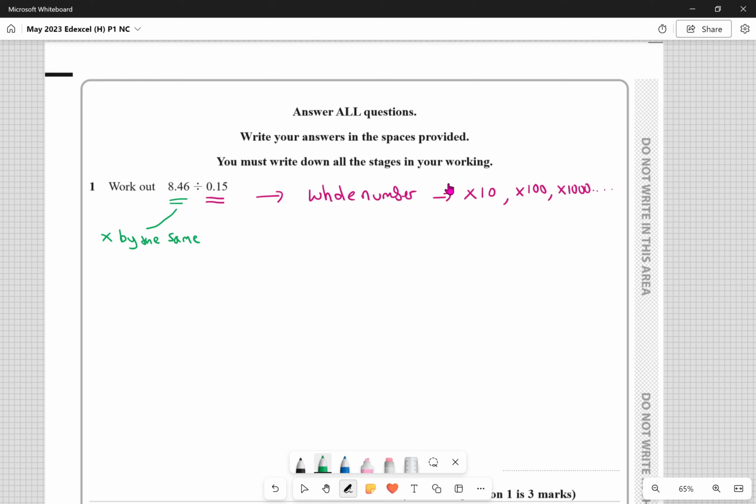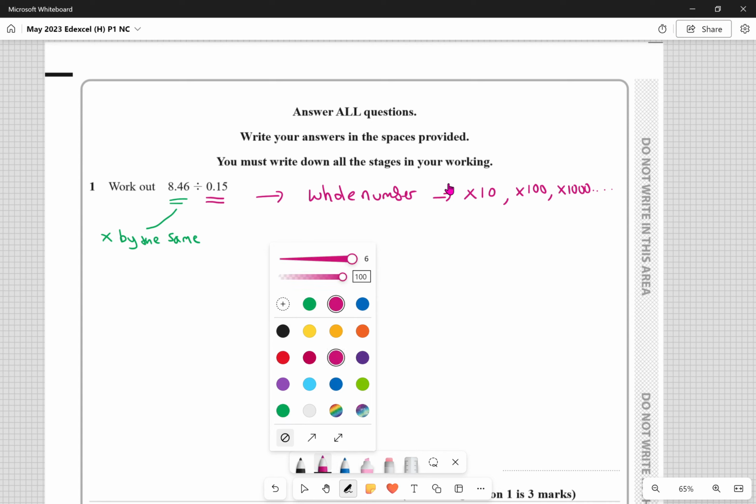So in this case, you need to decide whether you're multiplying 0.15 by 10, 100, or 1,000, or more than that, to make it into a whole number. And once you've done that, you need to multiply the 8.46 by the same.